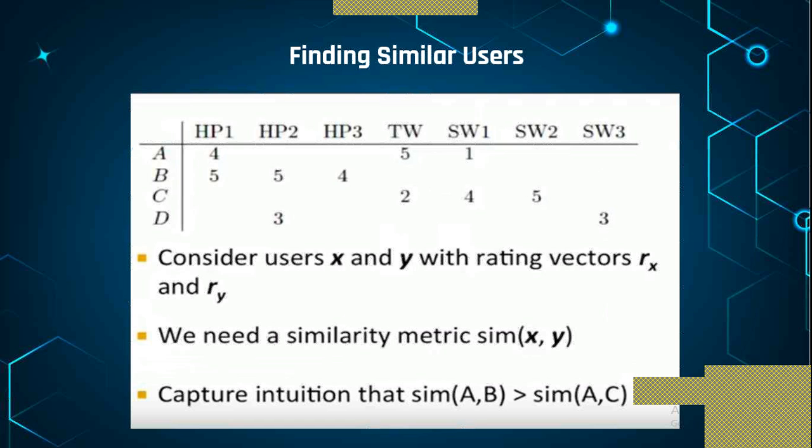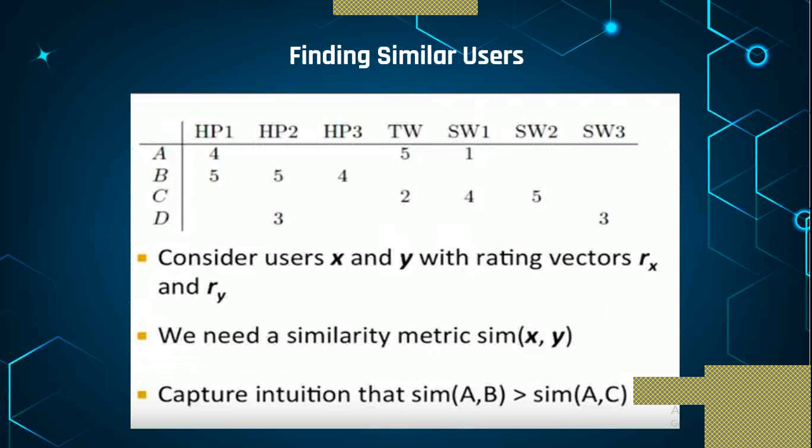Same way, user C provides ratings for the respective movies, TW, SW1, SW2. And user D provides his own rating for Harry Potter 2, that is 3, and SW3, that is 3. So this is a rough user data.